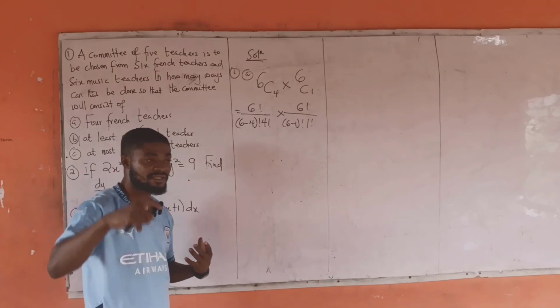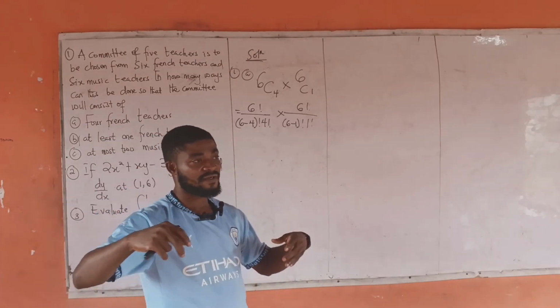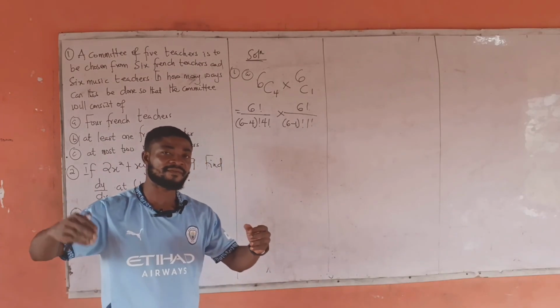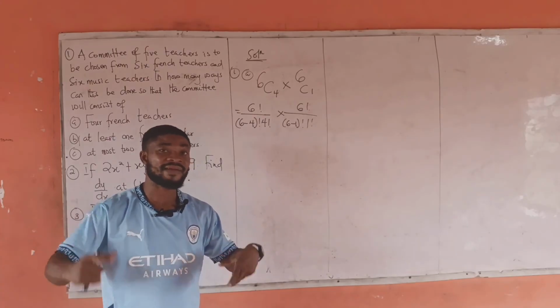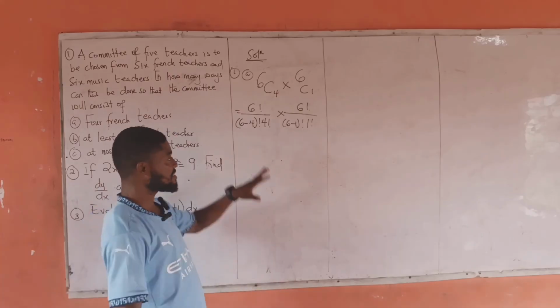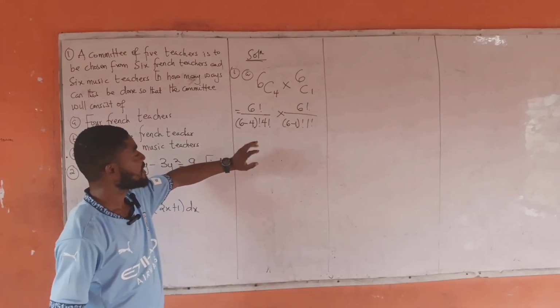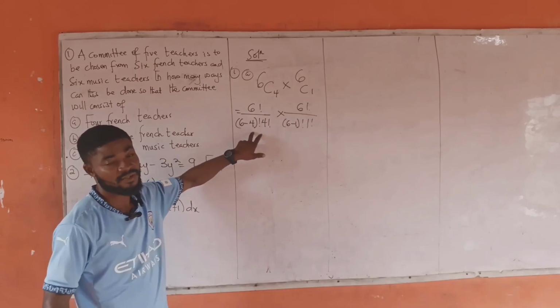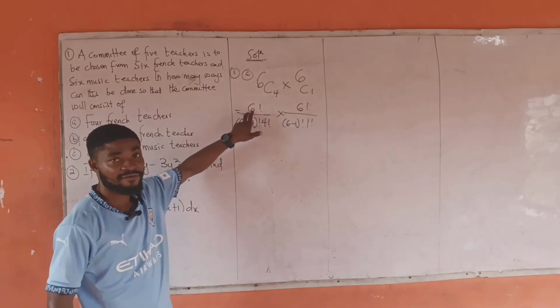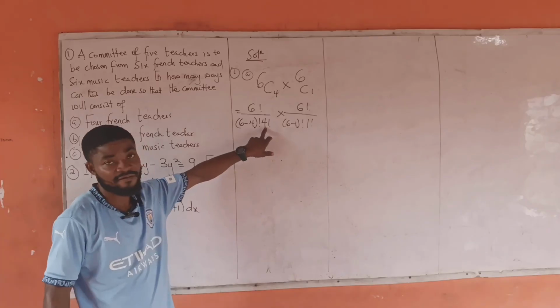When we say factorial, you start from the number. So 6 factorial means 6 times 5 times 4 times 3 times 2 times 1. Then you stop over there. So the same concept you are going to apply here. Now this is going to give us 2 factorial. So I can end this one as 4 factorial so that it cancels the 4 factorial down here.